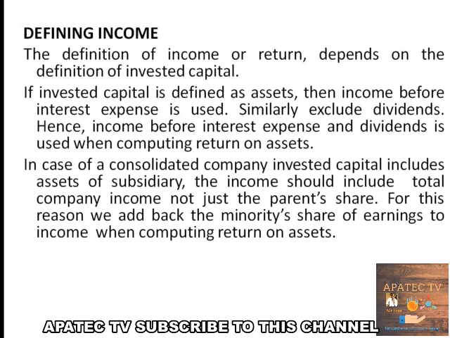My dear friends, I'm going to show you the formula you have to use. In the case of a consolidated company, that means the parent bought a subsidiary somewhere. So the invested capital includes the assets of the subsidiary. The income should include total income, not just the parent's share. For this reason, we add back the minority's share of the earnings to income when you are computing return on assets.